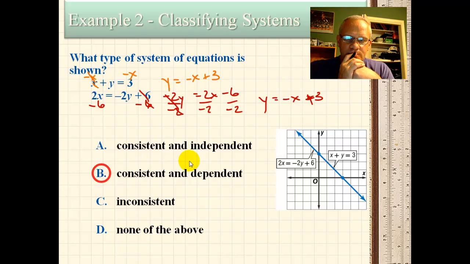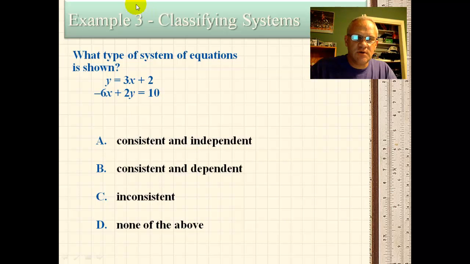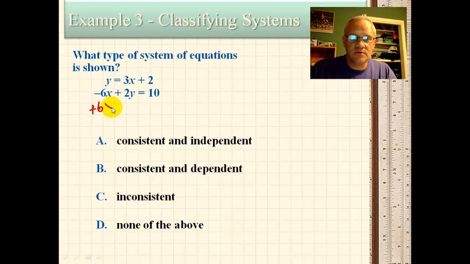Okay? And then probably this last one here, you can guess what's going to happen. y equals 3x plus 2, that's already good. So let's just do this last one here. I have 2y equals 6x plus 10.